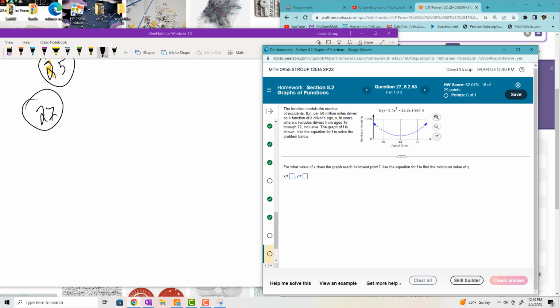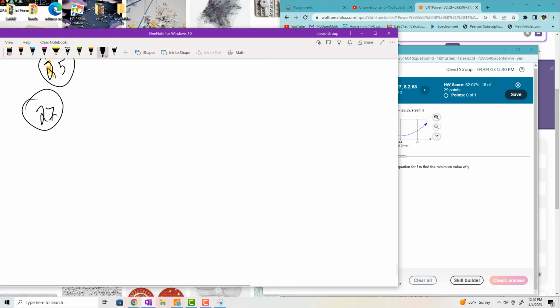The graph is shown. Use the equation for f to solve the problem below.